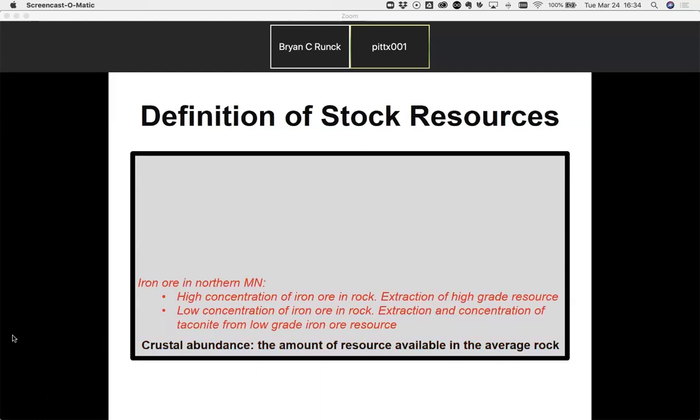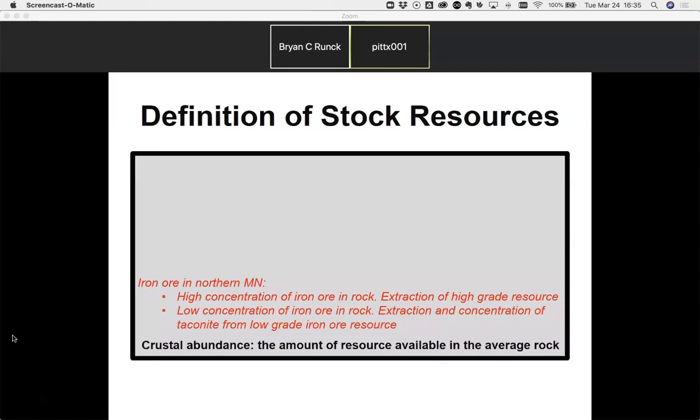And we can talk, for example, on the Iron Range in northern Minnesota. We have two definitions of resource crustal abundance on the Iron Range. We have the high-grade concentrated iron ore resource, and we have the low-grade iron ore resource.